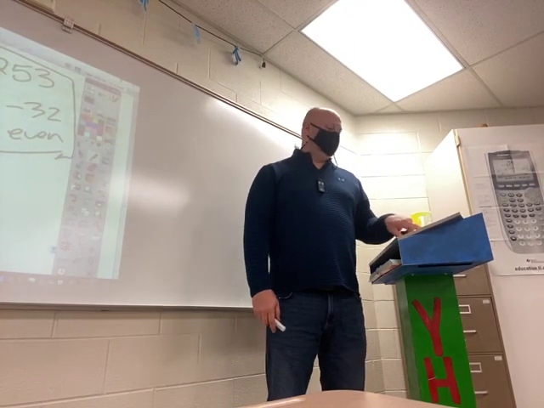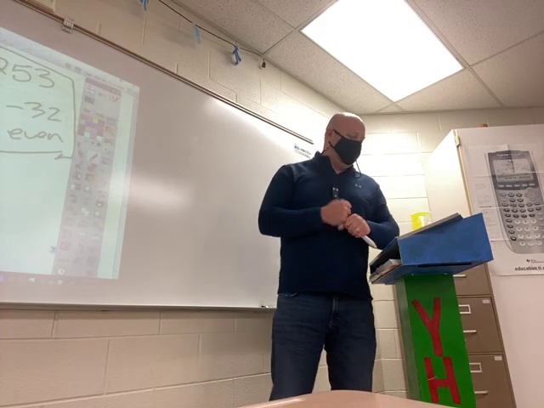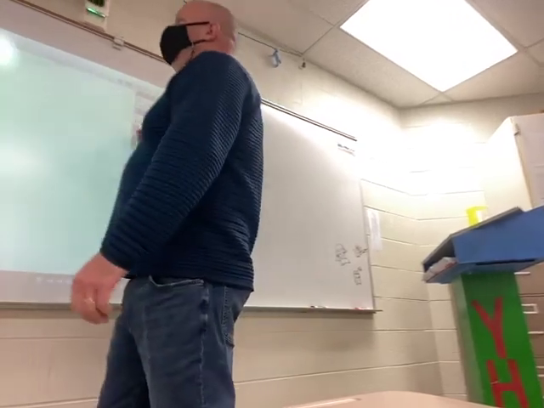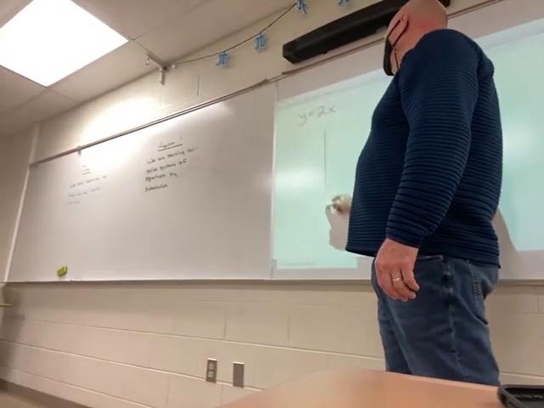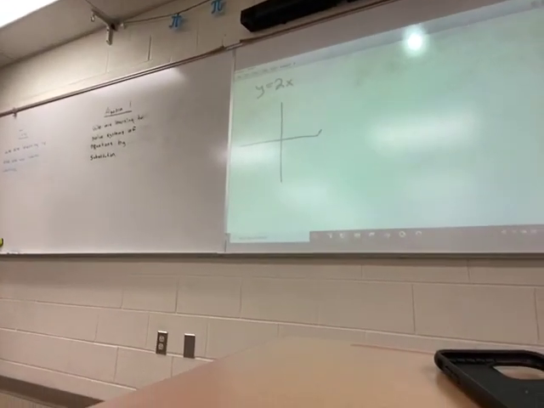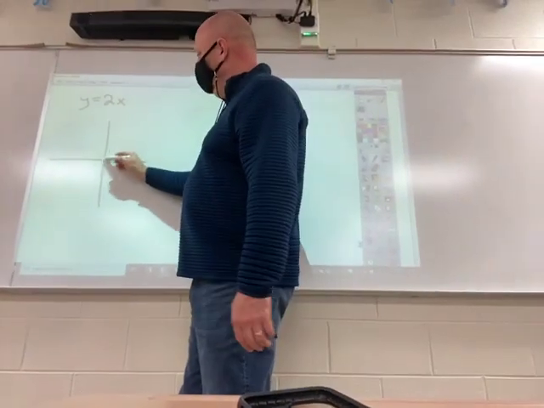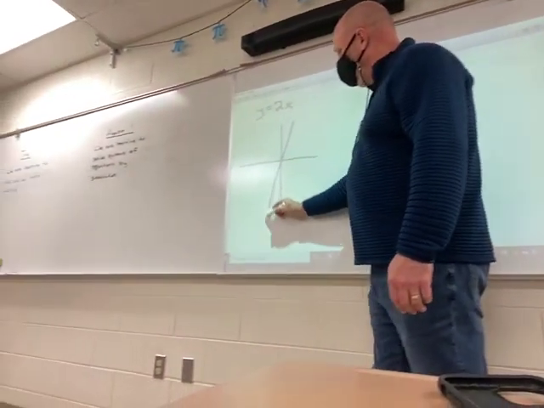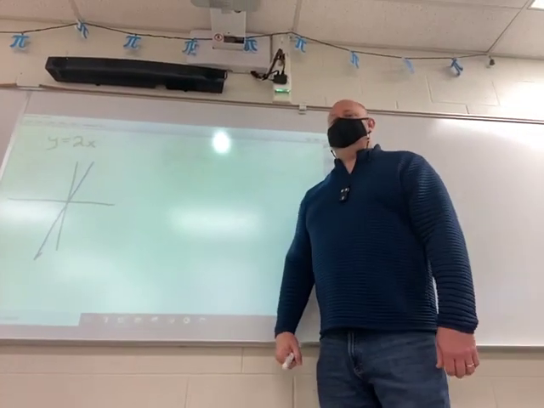Practice exercises. Number 2, the directions say graph the relation and its inverse, and they give you y equals 2x. What's the graph of y equals 2x look like? It's a straight line with a slope of 2. So it's going to look something like this. How do you find its inverse?